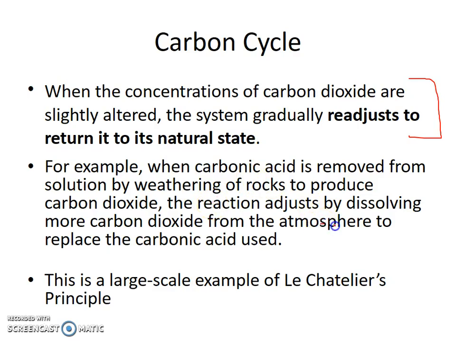So really, what I'm saying is that the carbon cycle is just a big equilibrium, or Le Chatelier's principle. It does what it needs to do to maintain that balance. If it needs the gaseous carbon dioxide to become liquid form, it will do that, so that the carbon is evenly distributed throughout both the atmosphere as well as the ground level.